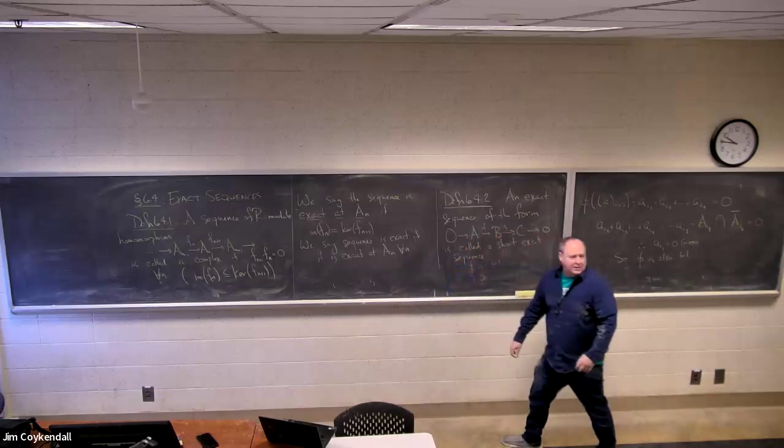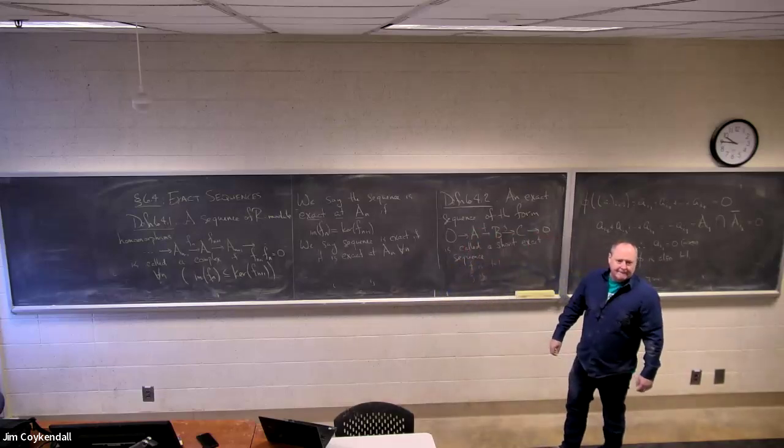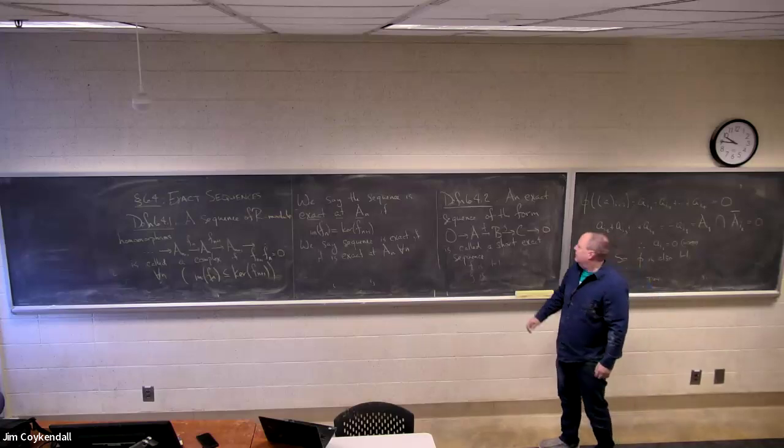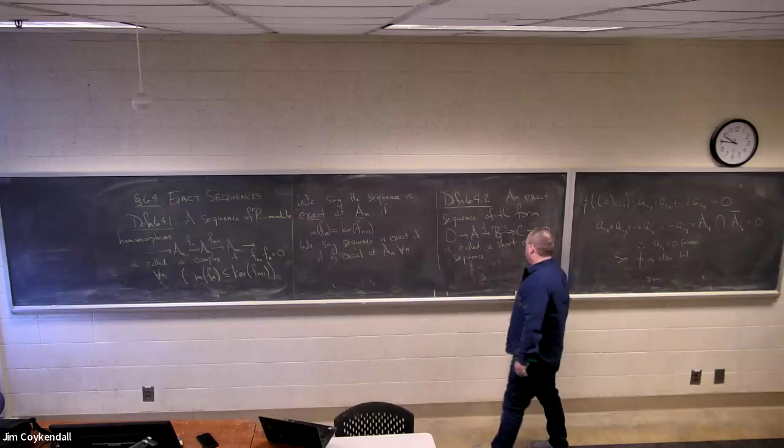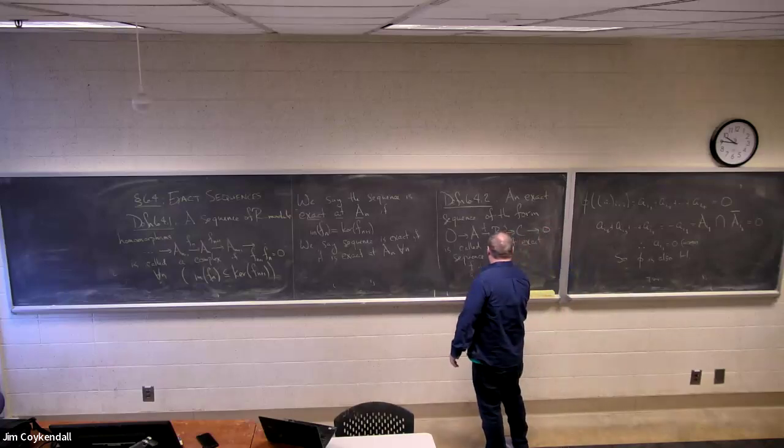What about G? It's surjective because the kernel of the last map is clearly all of C. Everything goes to 0, and that has to be the image of G. So G is onto.